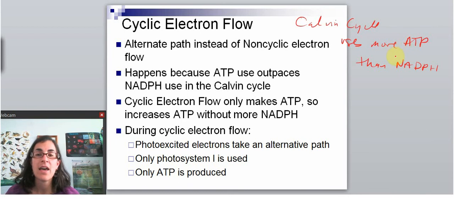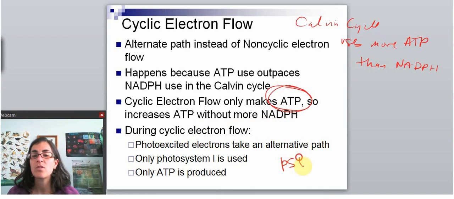So you can see that eventually the cell will run out of ATP but have plenty of NADPH. If it runs out of ATP but still has lots of NADPH, it doesn't want to make both of them. It only wants to make the one that it needs. So because it's out of ATP only, it's going to want to carry out cyclic electron flow, because cyclic electron flow only makes ATP. It doesn't make any more NADPH.